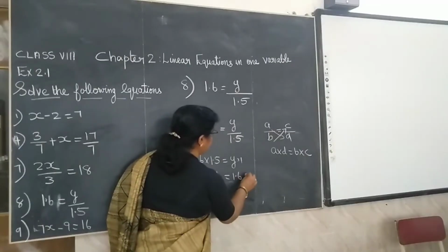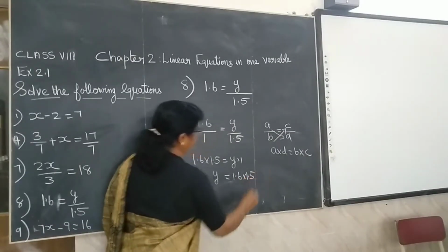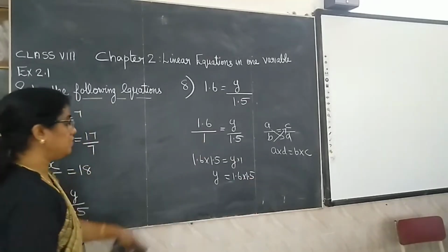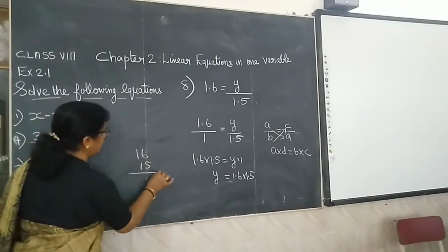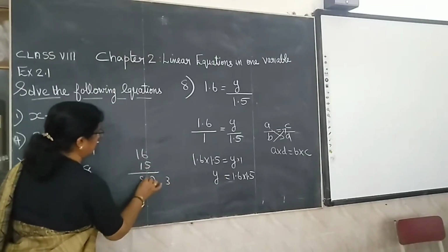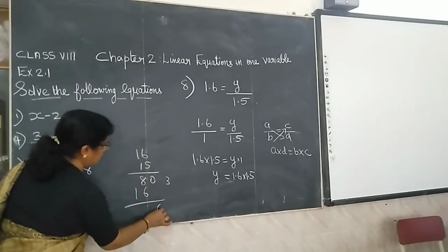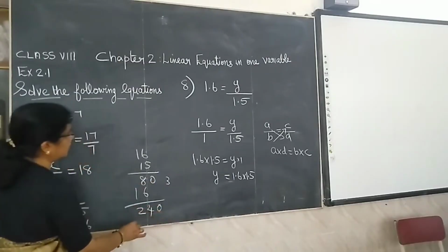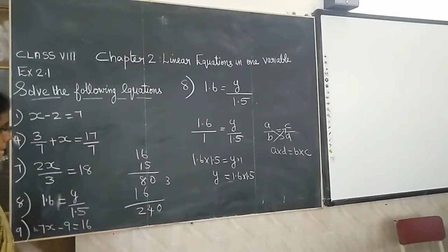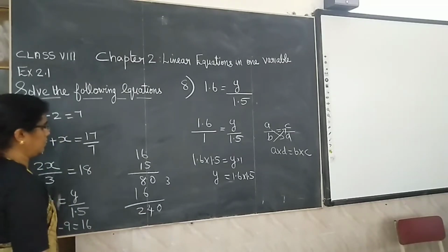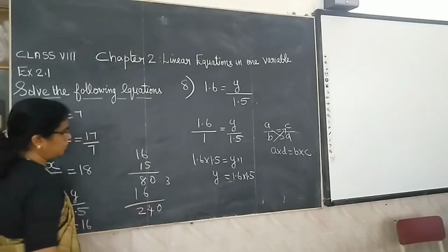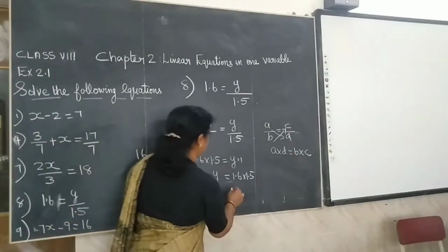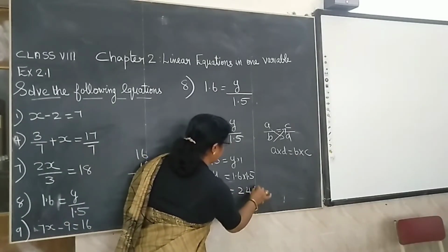1.6 multiplied by 1.5. Now 16 into 15, first we can find 16 multiplied by 5. Therefore, the answer is 240.